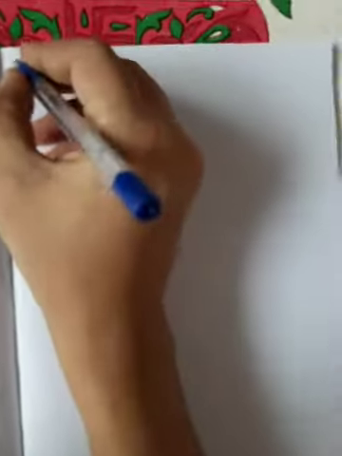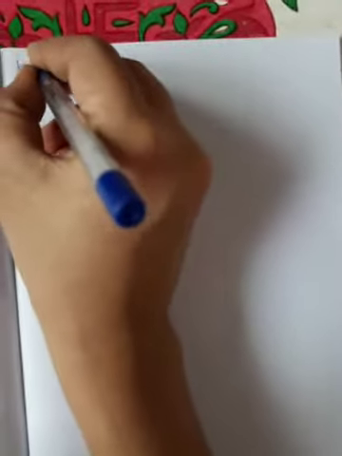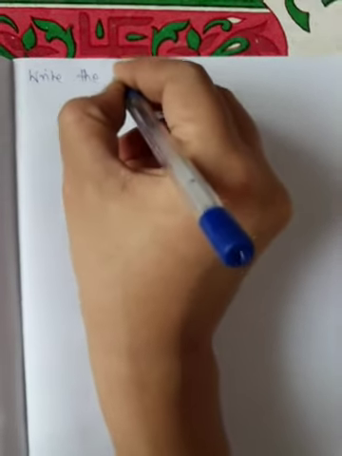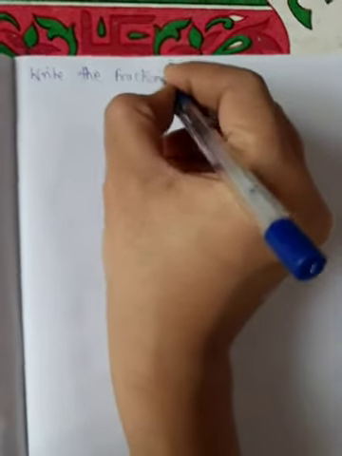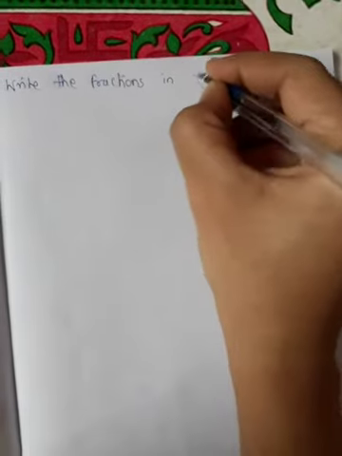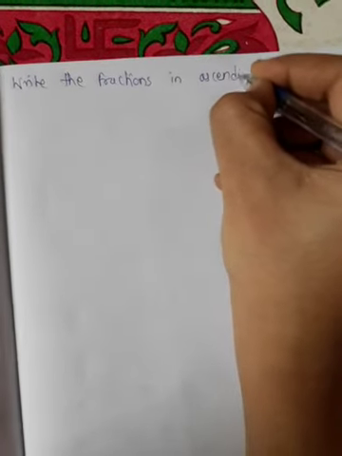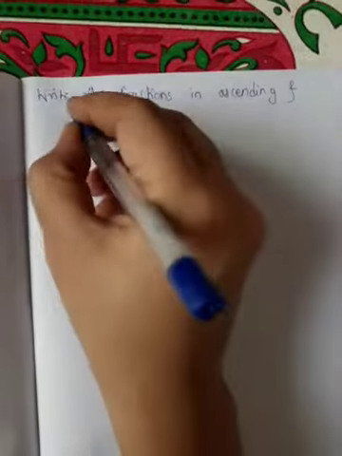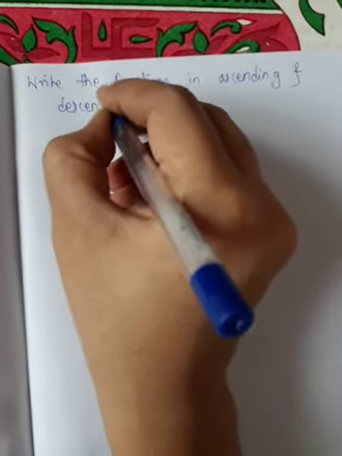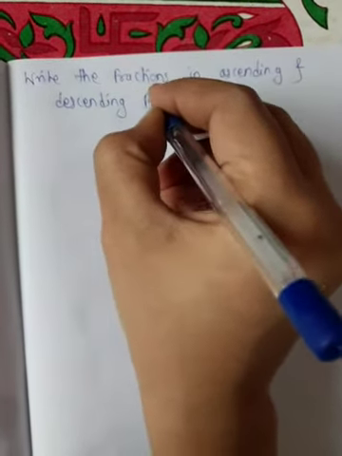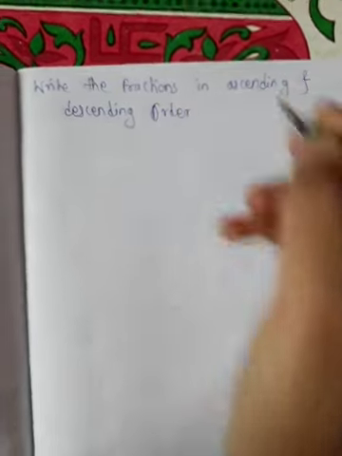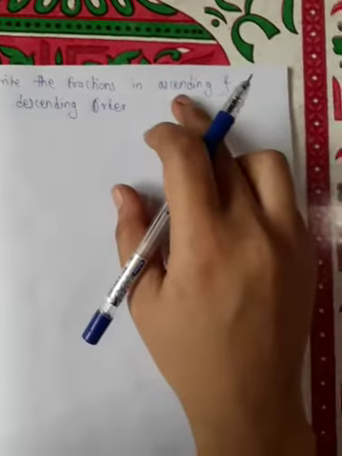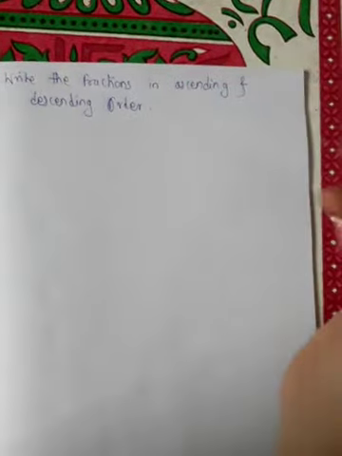Now next method: how to write the fractions in ascending and descending order. We know ascending means from smaller to greater. Descending means from greater to smaller.